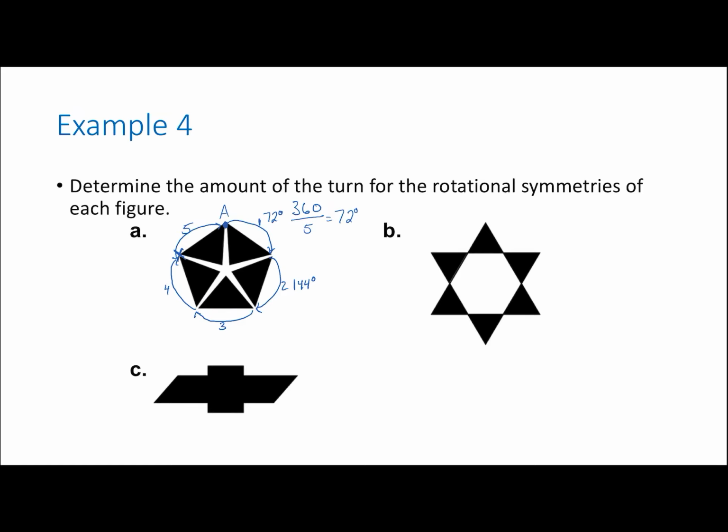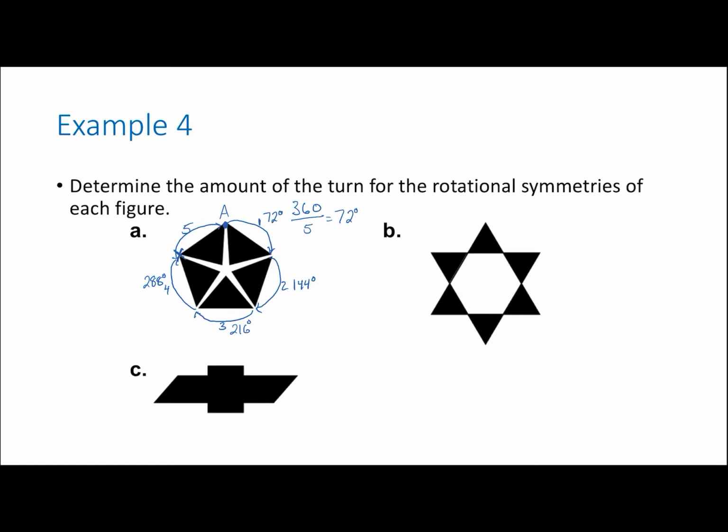And so if you add 72 again, you're going to have 216, I believe. And so, again, just continue to rotate that. So we're going to get 216 here. And then if we rotate it another 72 degrees, we're going to get 288.